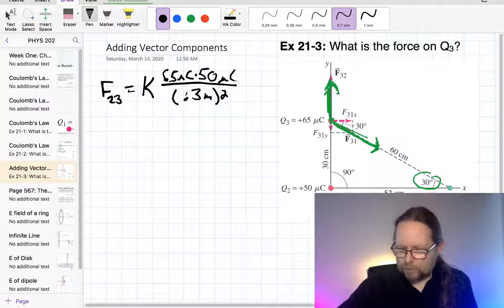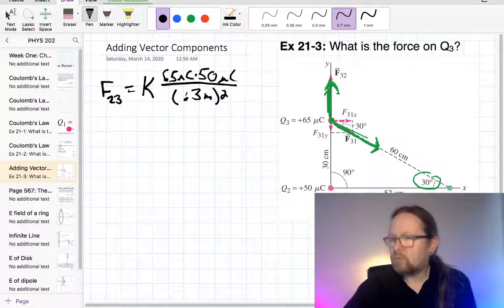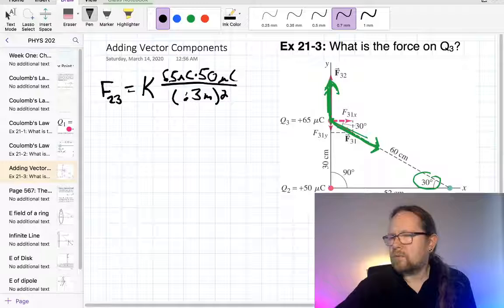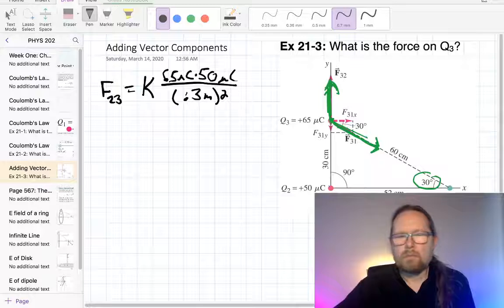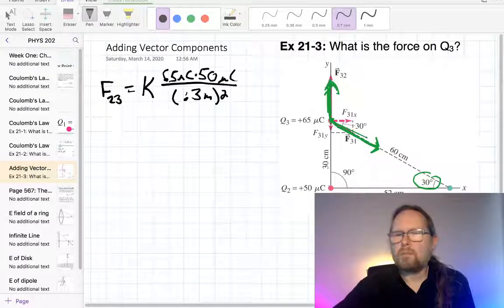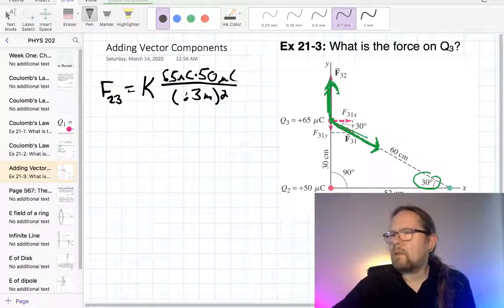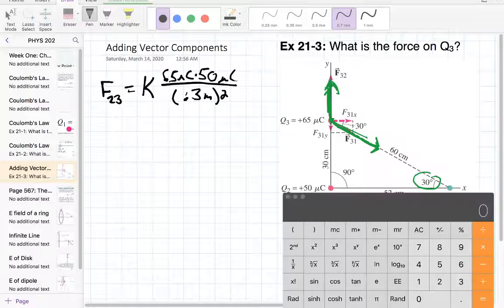So if we pull up our calculator, I don't know why you can't see the calculator.